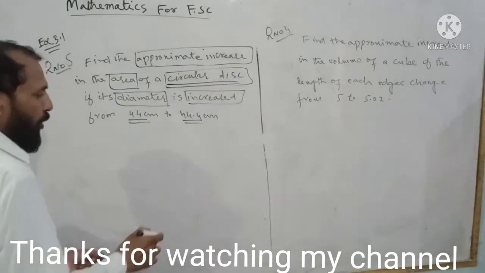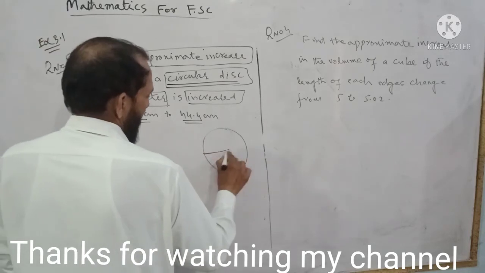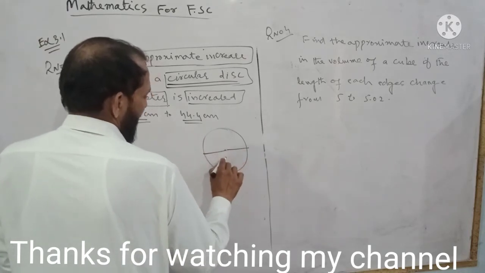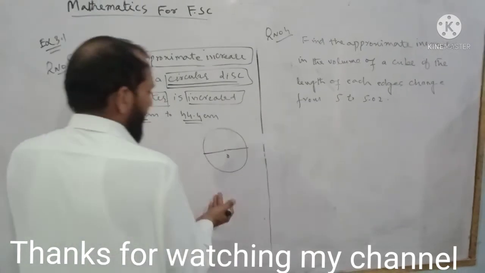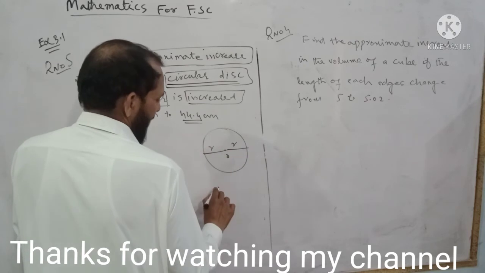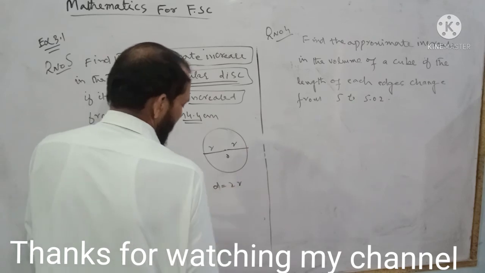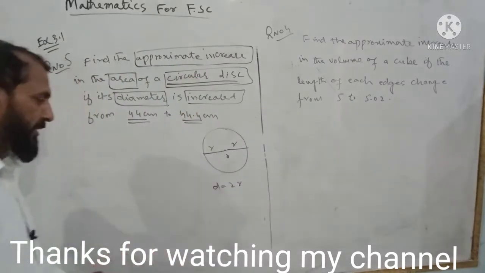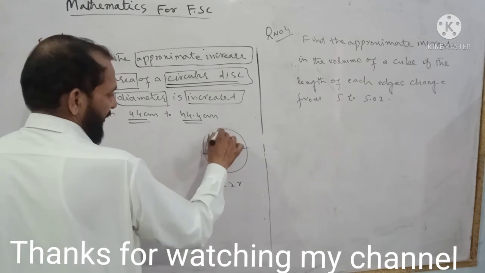You know the circular disc has a center, which we denote as O. This is R, which is called the radius, and this is the diameter, where D is the total length of two radii, D equals 2R, which is the formula of the diameter. So we have to find the area of the disc.